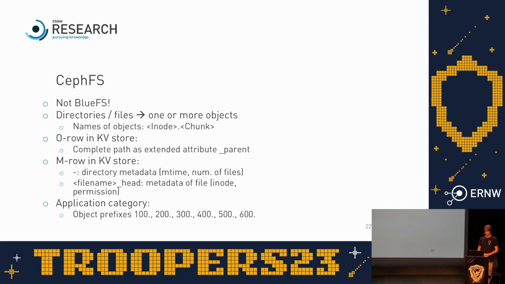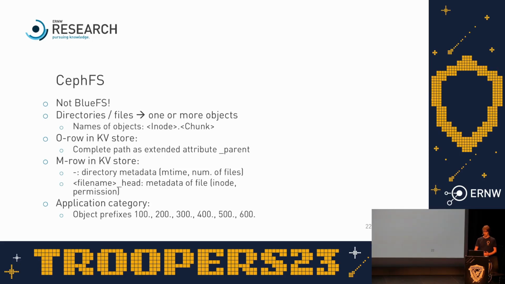Then how we can get the path of a file, that's quite easy. We have an extended attribute, the parent extended attribute. And in there you find a list of inodes that are the parent directories of that file. And when we have a directory, for example, we can look at a certain metadata row in the key value store, and we will find metadata for the directory.